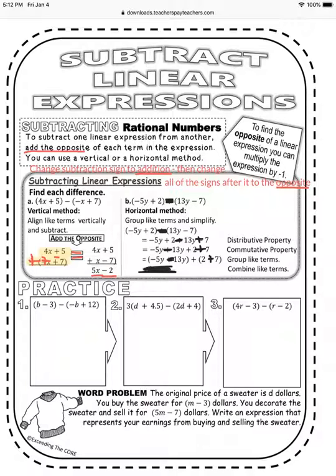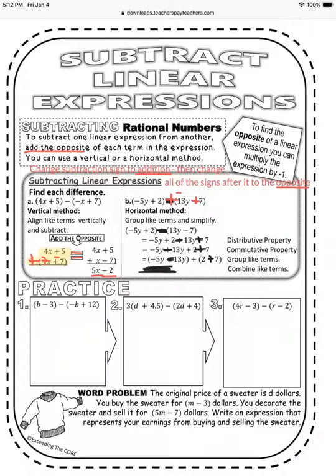Since it's a subtraction problem, we change the subtraction sign in the center to an addition sign, and everything that comes after it to the opposite. So 13y was positive, we make it negative. The minus 7 we make a plus 7.